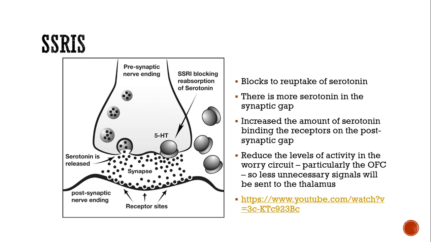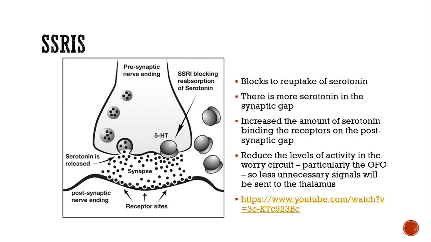Somebody with OCD has low levels of serotonin, so there's not enough serotonin in the synaptic gap. So SSRIs block those transporters, and you can see on the image here there's a transporter being blocked, so serotonin cannot be reabsorbed. The process of reuptake cannot happen. So there's more serotonin floating around in the synaptic gap, so there's more opportunity for it to bind to the receptors, and it says there on the bullet point.